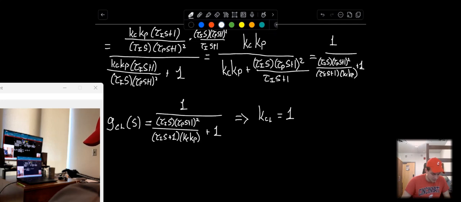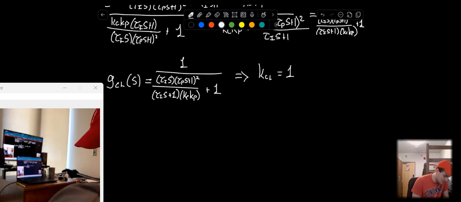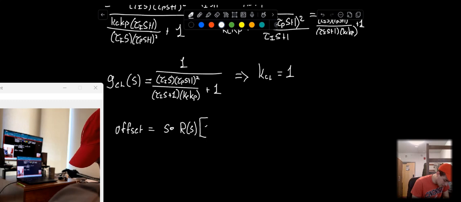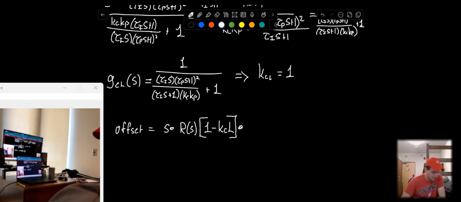Now, by the relation that we derived above, related to the final value theorem, we said that offset is going to be s times R(s) times (1 minus K_CL), times, of course, whatever our change is.